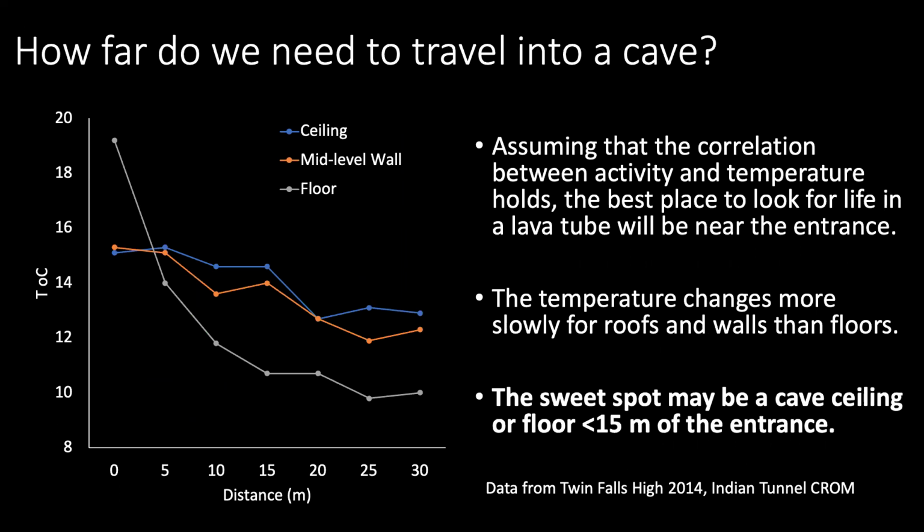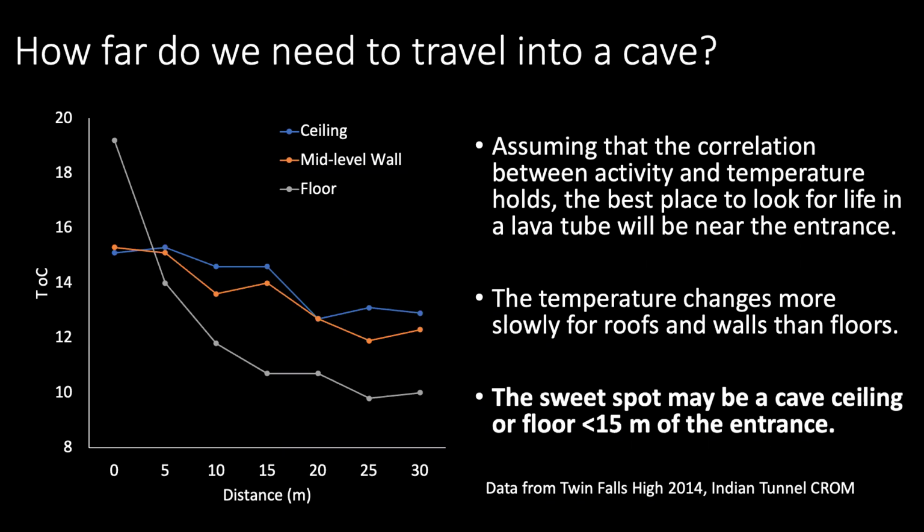Okay, so how does that relate to traverse distance? Twin Falls High School put together this cute little poster that was actually really incredible, that I came across at Craters of the Moon one day when I was out there working, because they had a poster session. They had systematically mapped the temperature variation in Indian Tunnel as a project.